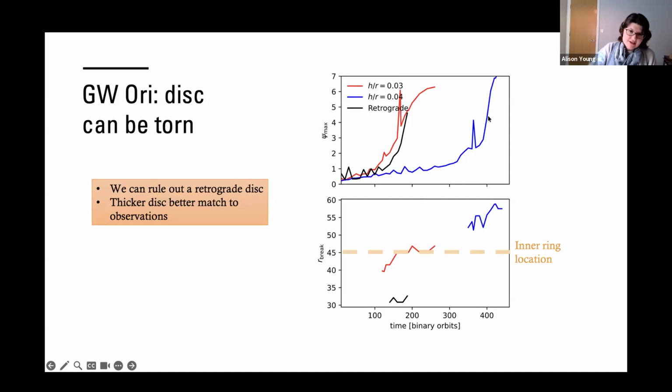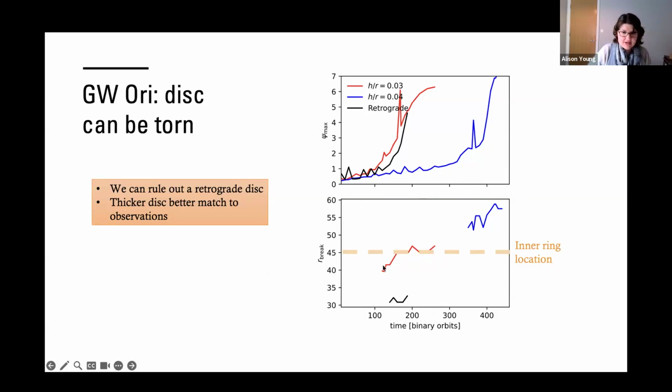Now we've got plots here of the warp amplitude against time. And here at the bottom, we've got break radius. So for the retrograde disk, it breaks very close to the center. Again, that's not what we observe. The inner ring location from observations is here in the peach line, so it's about 45 AU, give or take.